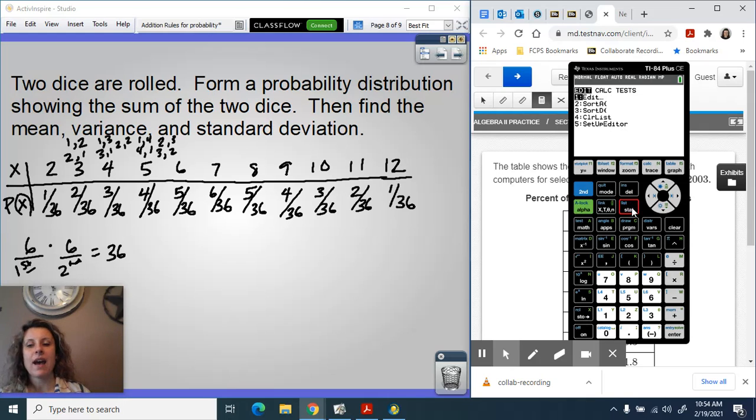So we're going to go over the calculator steps now. I just press Stat and then Edit. And I'm going to enter those X values into list 1, just like we did for frequency distributions before, and when we were calculating means and standard deviations for data sets.